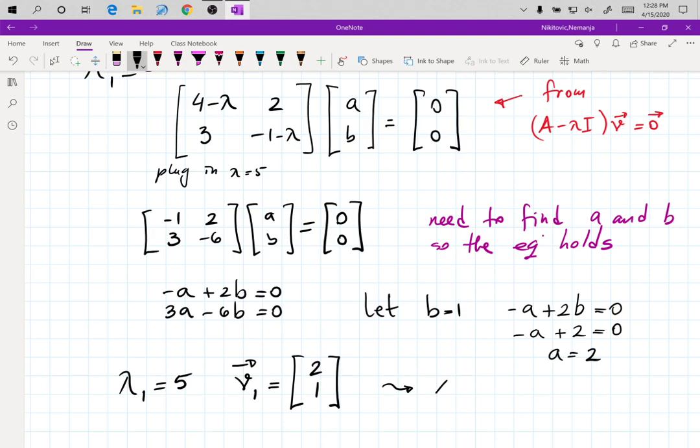That is going to give me my first solution x1 of 2, 1, e to the 5t.